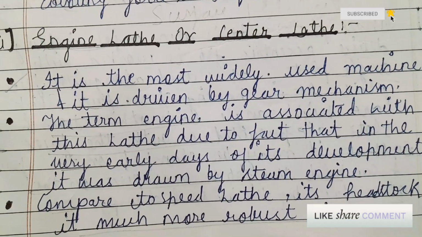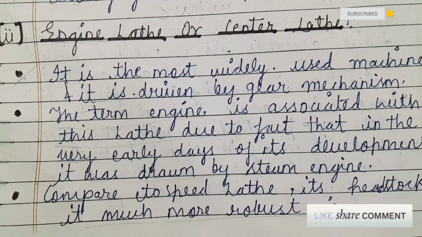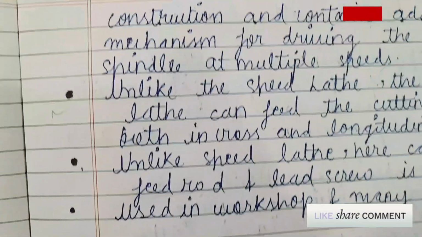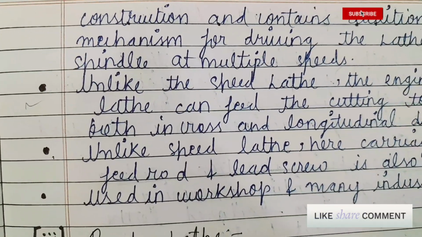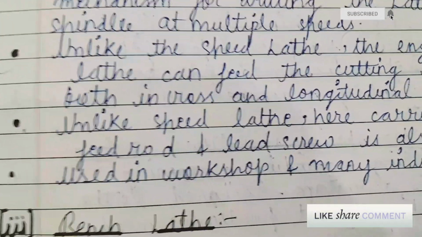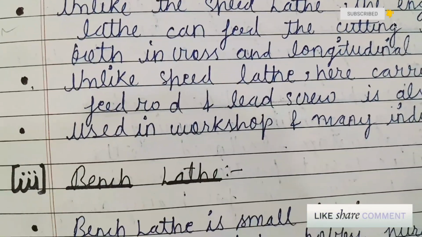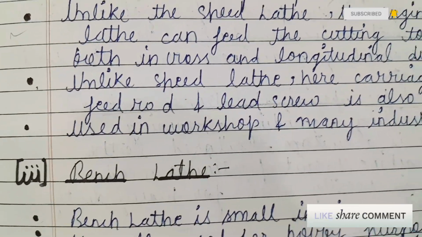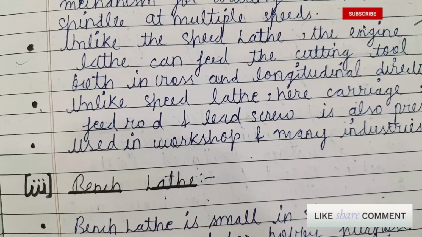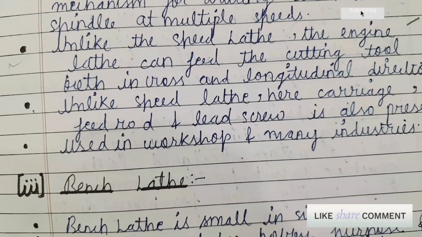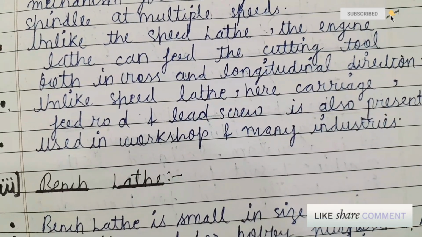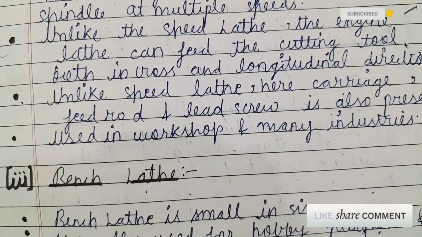Compared to the speed lathe, its headstock is much more robust in construction and contains an additional mechanism for driving the lathe spindle at multiple speeds. Unlike the speed lathe, the engine lathe can feed the tool in both cross and longitudinal directions. Here the carriage, feed rod and lead screw are also present. It is used in workshops and many industries.